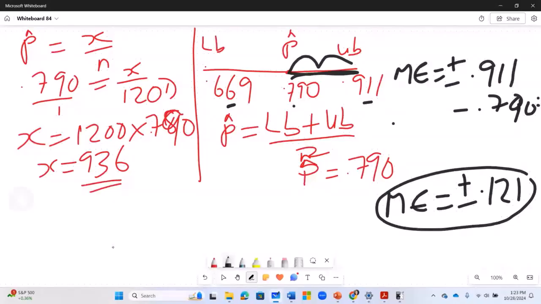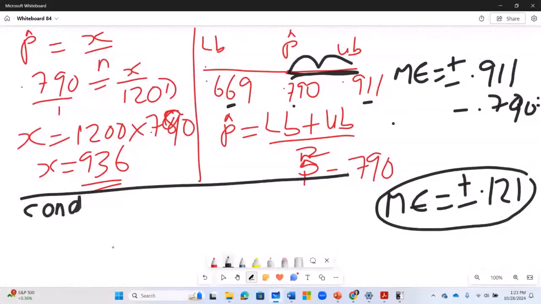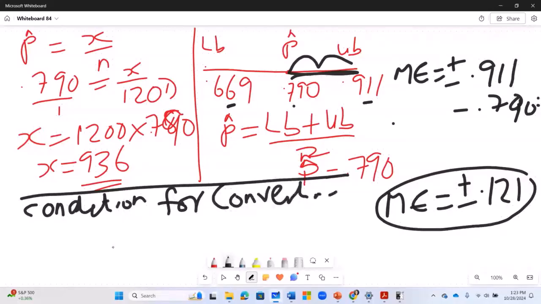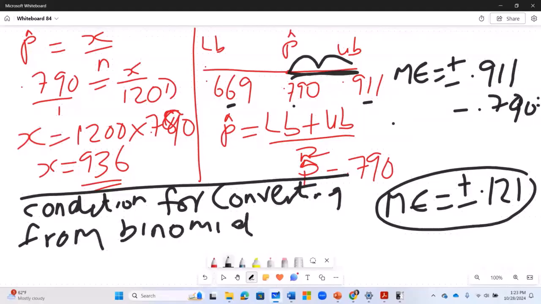Remember the conditions. These conditions must be satisfied. Conditions for converting from binomial to normal distribution.